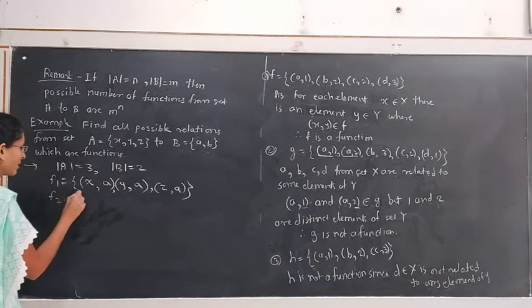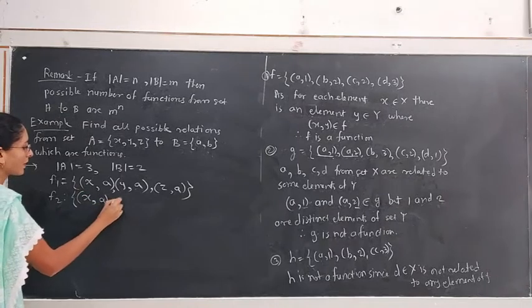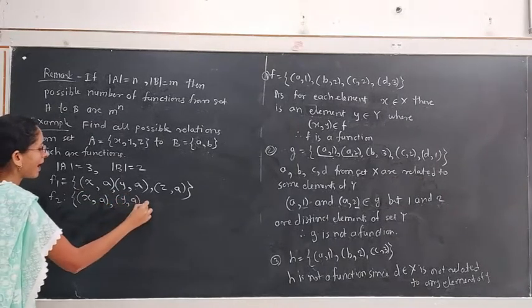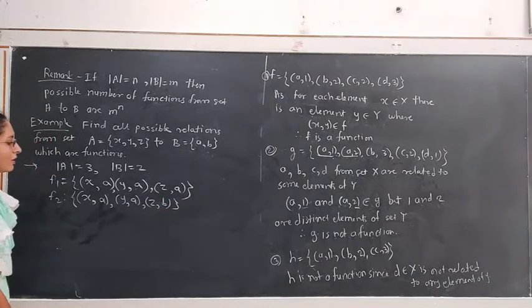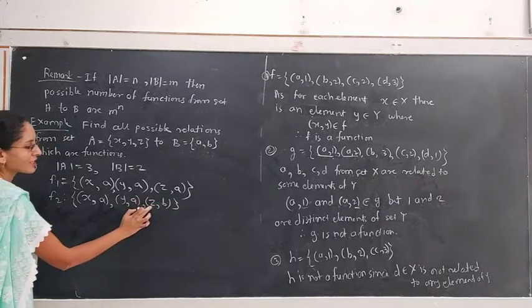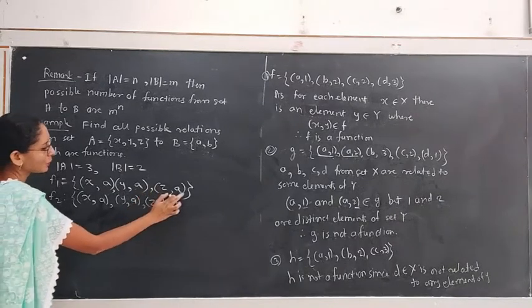f2 is a function defined by x related to a, y related to a and z related to b. Here only z is related to b, while in the above function f1, z is related to a.